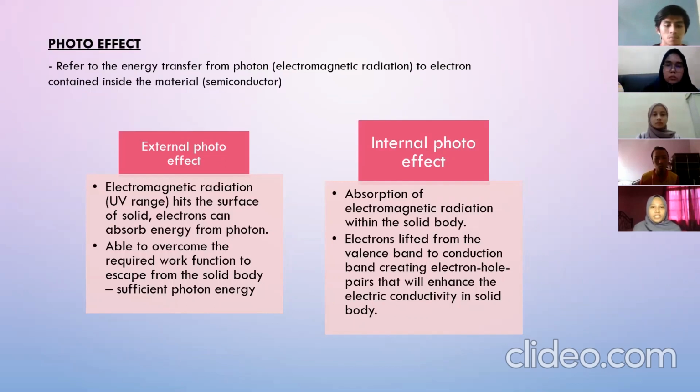Next is the internal photoeffect. Internal photoeffect is described as absorption of electromagnetic radiation within the solid body. Electrons are lifted from the valence band inside the semiconductor to the conduction band, creating electron-hole pairs that will enhance the electric conductivity in the solid body.